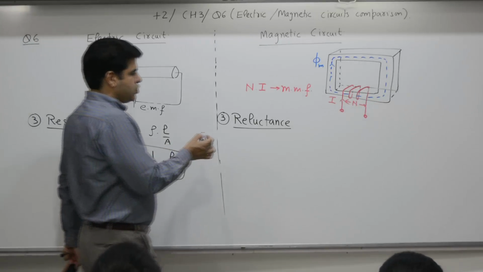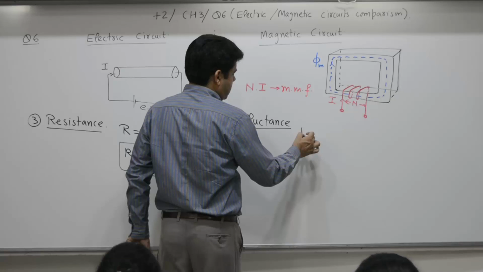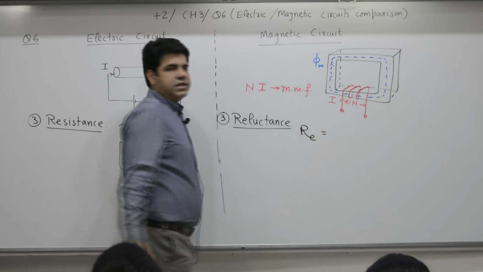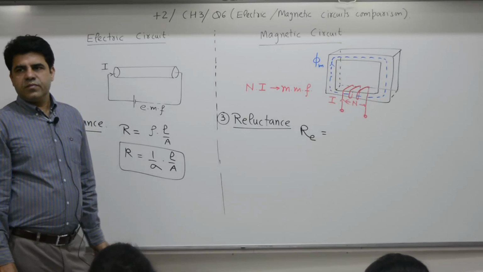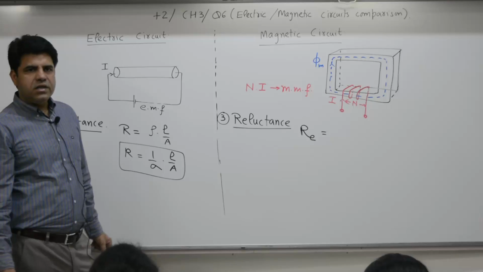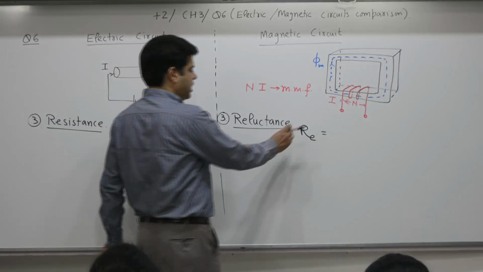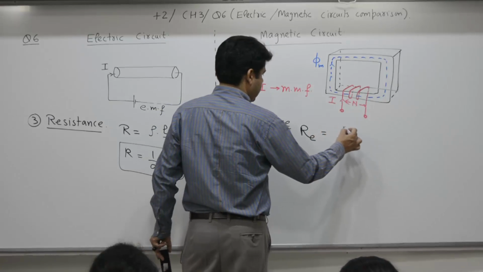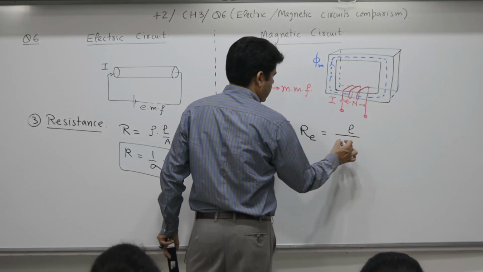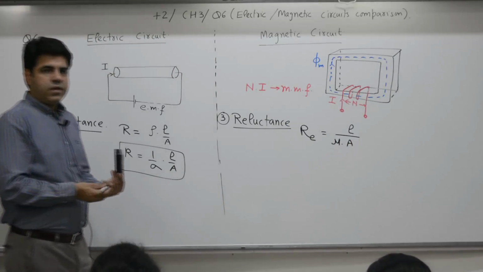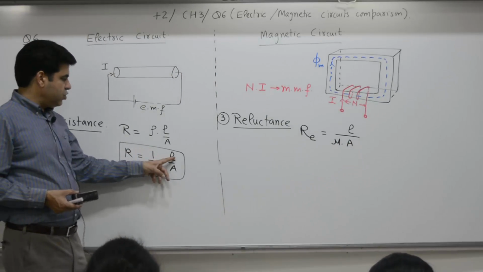In reluctance also, the symbol is Re. This is how you write. It is not R. This symbol is a combination of R and E, but you write it as R. Re is equal to L over permeability mu A. So if length is more, resistance is more.